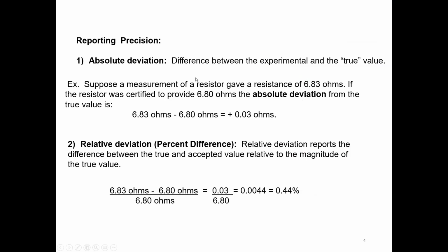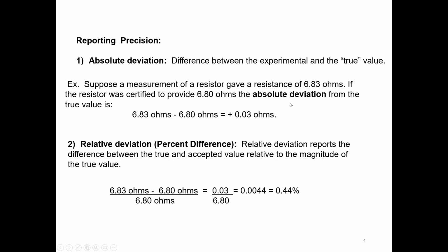So there are two ways to report the precision. One is absolute deviation, which is the difference between experiment and the true value. There's an example here. If we make a measurement on a resistor, we measured that resistor at 6.83 ohms, and the resistor was certified to provide 6.80 ohms.